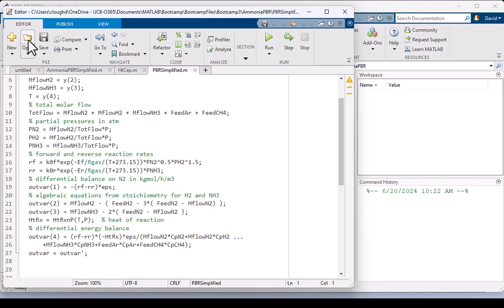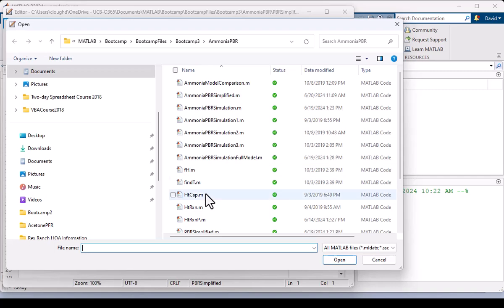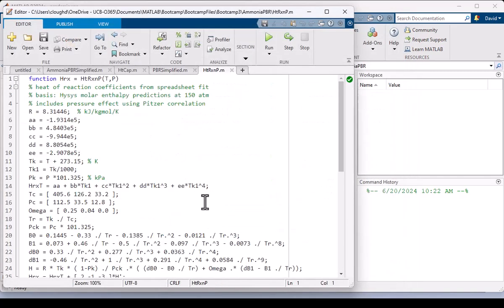So let's peek at that. And this is what goes through and calculates for us all of the requirements in order to come up with the heat of reaction.